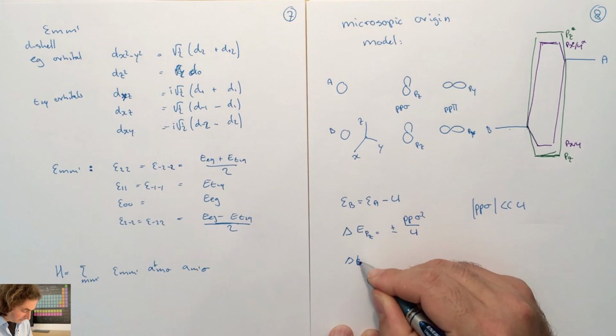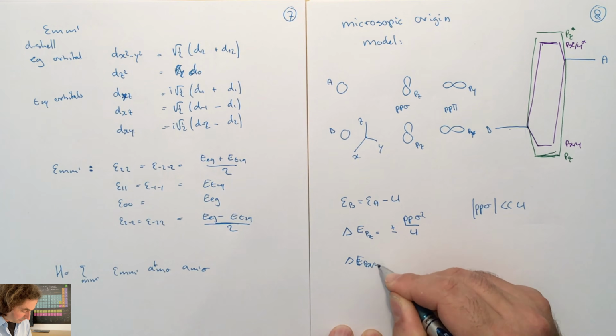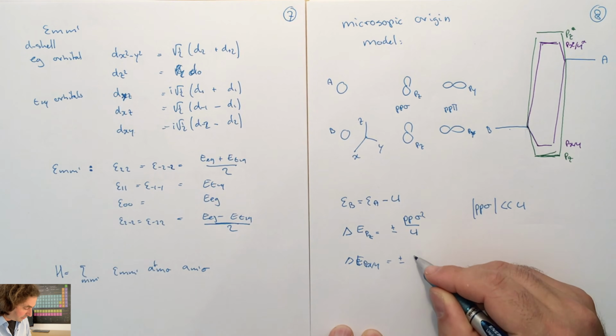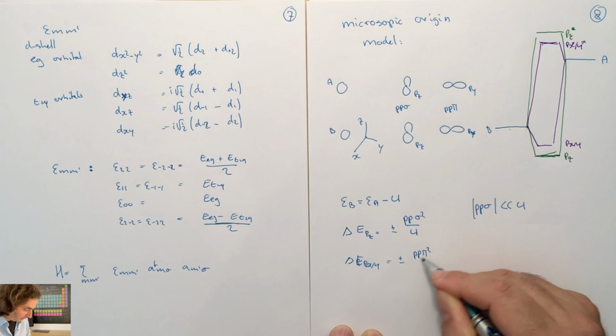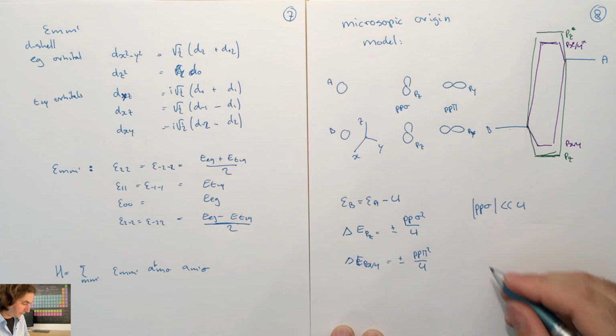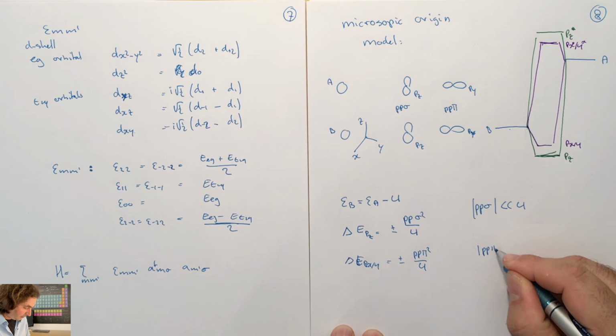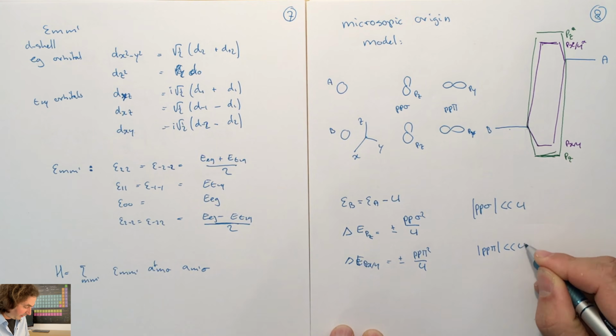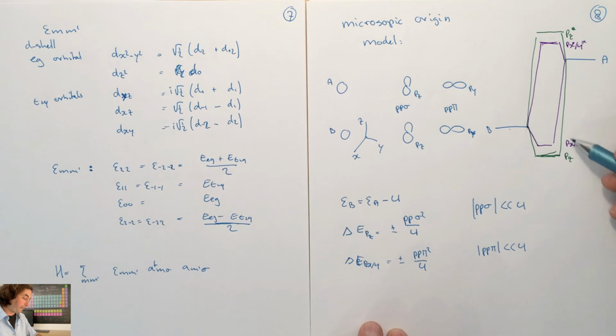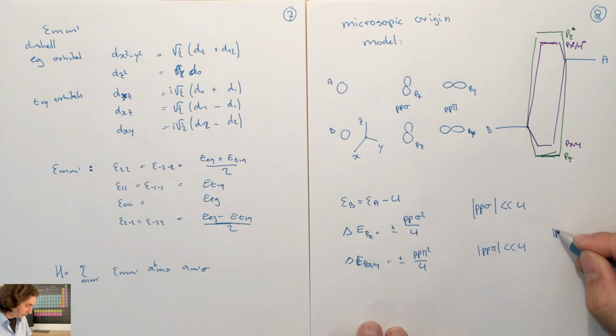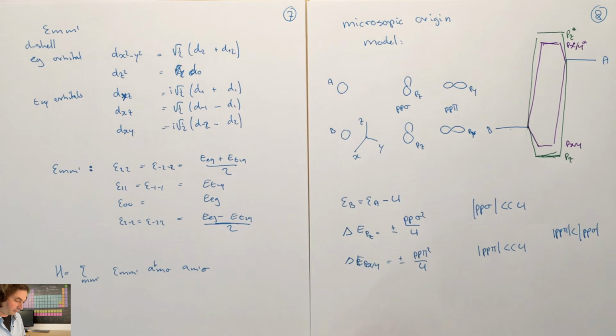We can do the same for the px or py orbital, and that is plus minus pp pi squared over U. Again we assume that pp pi is much smaller than U. In my plot here I furthermore assumed that pp pi is small compared to pp sigma.